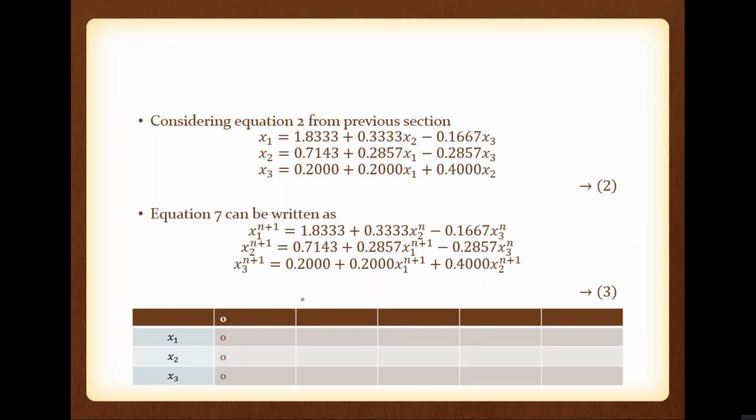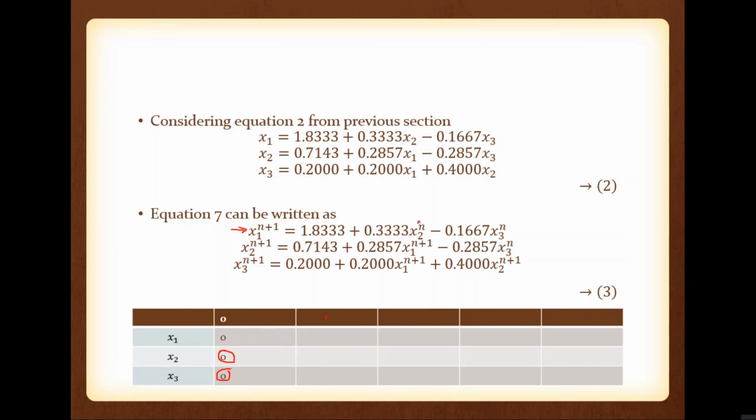Okay. So now we are going to start the Gauss-Seidel iteration. So during the first iteration, that is here, this is the first iteration. So now what is the value of x1? So if you are using this equation, what is the value of x2? x2 is 0. Right? This is the value of x2. Okay. What is the value of x3? Value of x3 is 0.